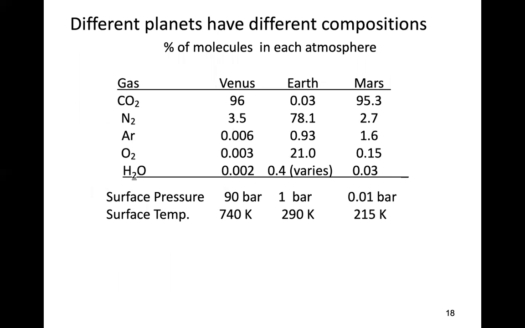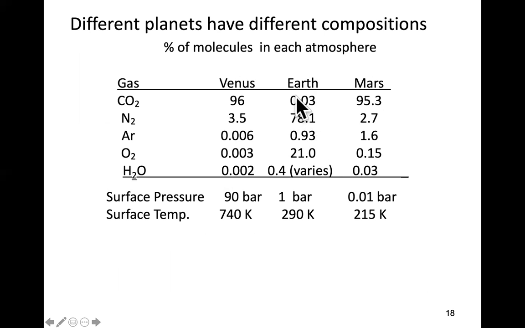And the reason for that is Venus's atmosphere isn't mostly nitrogen, argon, and oxygen, which are the dominant constituents of Earth's atmosphere and don't interact with light much at all. This is a table showing the percentage of molecules in each atmosphere. On Earth, it's 78% nitrogen, 21% oxygen, both of which are fairly transparent at the infrared.